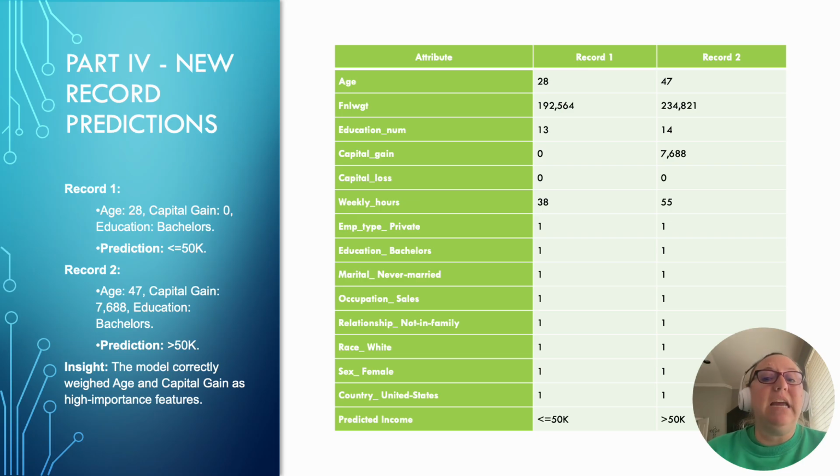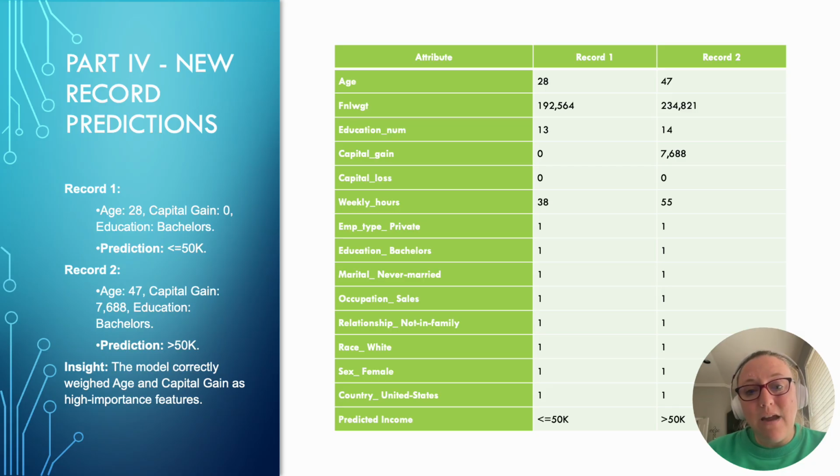Despite the classification error, however, we ran predictions on 2 new records shown here in this table. Record 1 represents a younger individual with an age of 28 and with 0 capital gain. The model predicted an income of less than 50,000.